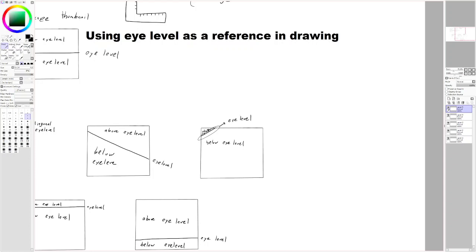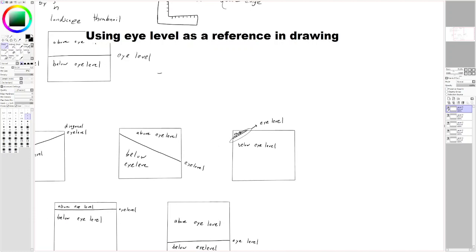So you do need to know the takeaways. Commit to the eye level you draw. Experiment with eye level. And I would say study the paintings of the greats.